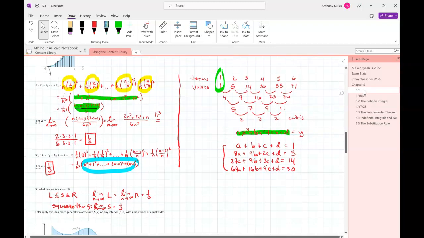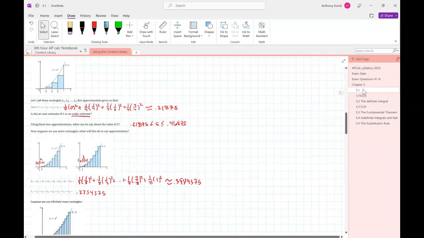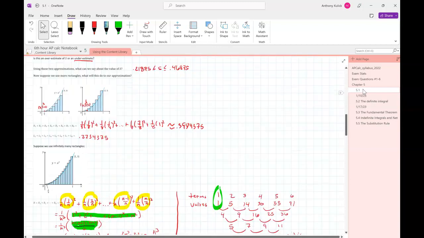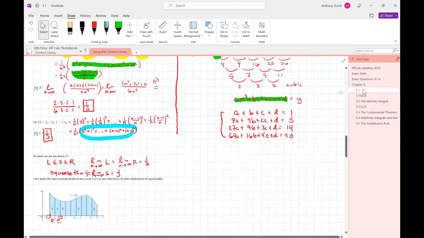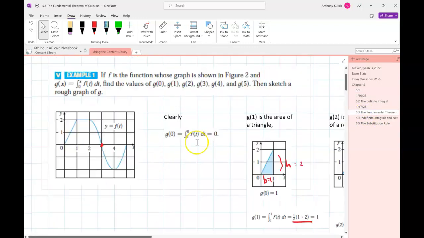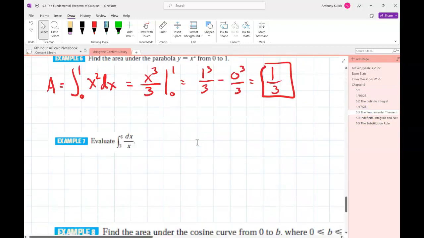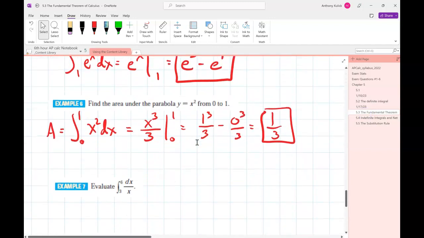Look at that. Took all that junk to get down to that same 1/3. How much space did it just take us? It's like two equal signs or something, right? Guys, this is what I'm talking about.